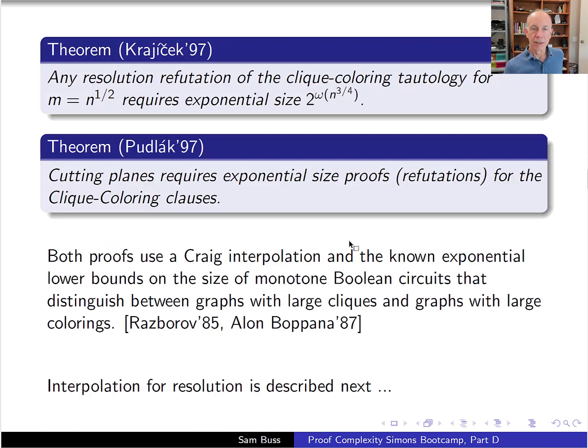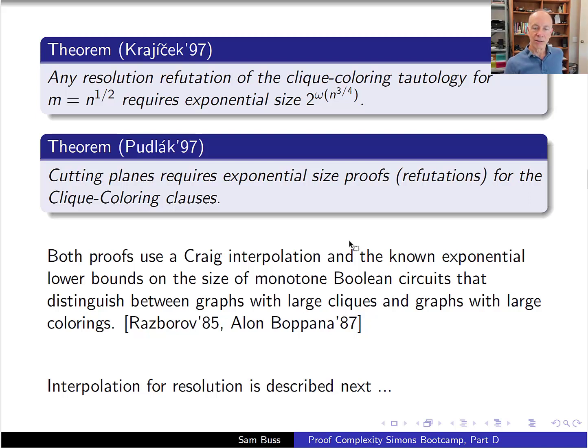Krajíček showed that any resolution refutation of the clique coloring tautology for m equal to the square root of n requires exponential size, in this case 2 to the omega of n to the 3/4. And shortly after that, Pudlák showed that cutting planes likewise requires exponential size proofs, really refutations in both cases, for the clique coloring clauses. The two proofs have a similar strategy.